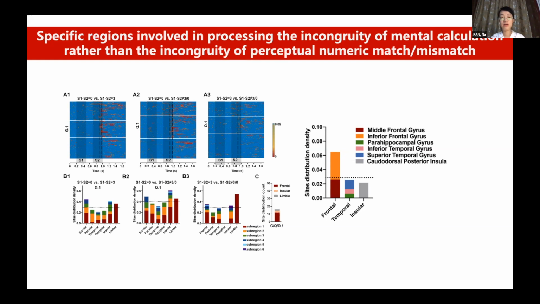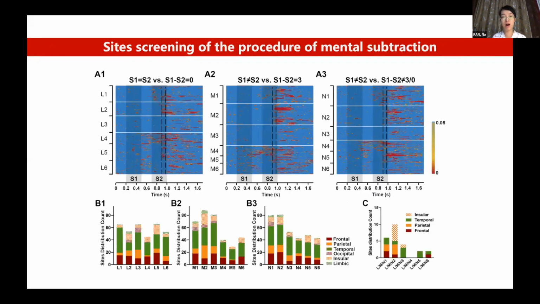So after we figured out the neural basis of numerical incongruent processing, we moved on to the subsequent calculating part. We also used a similar clustering method to cluster the p-values under the different situations.